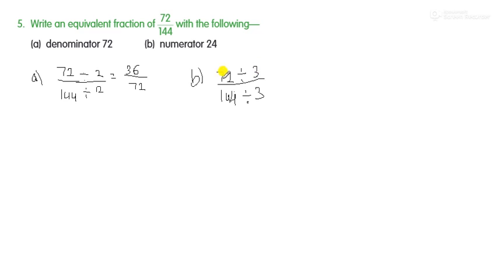So 3 24s are 72. Next, 3 48s are 144. And 72 by 144 and 24 by 48 are the equivalent fractions.